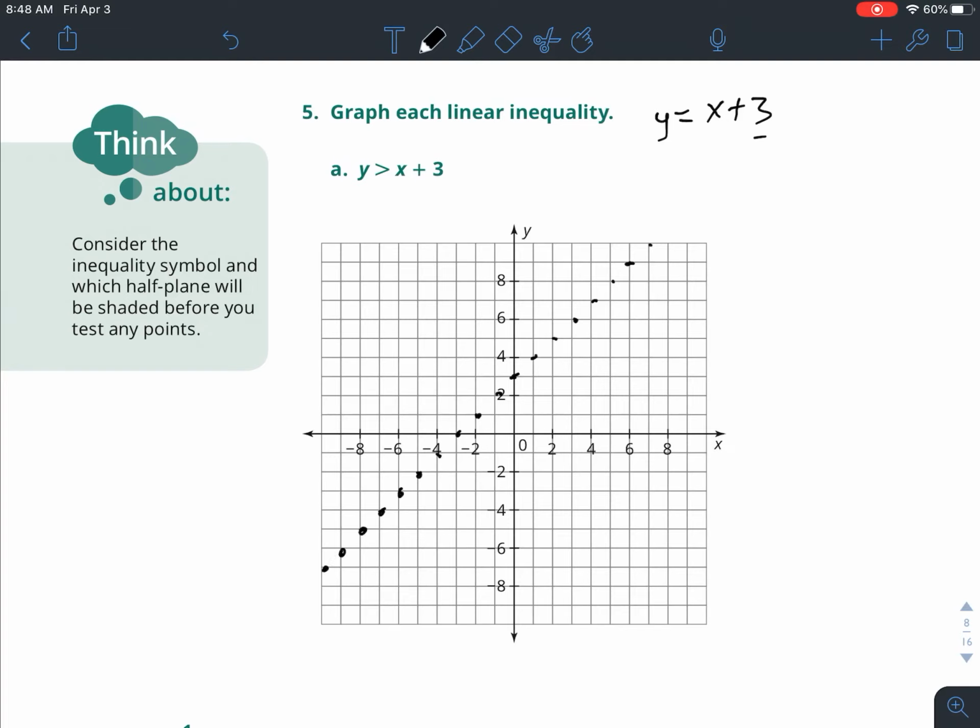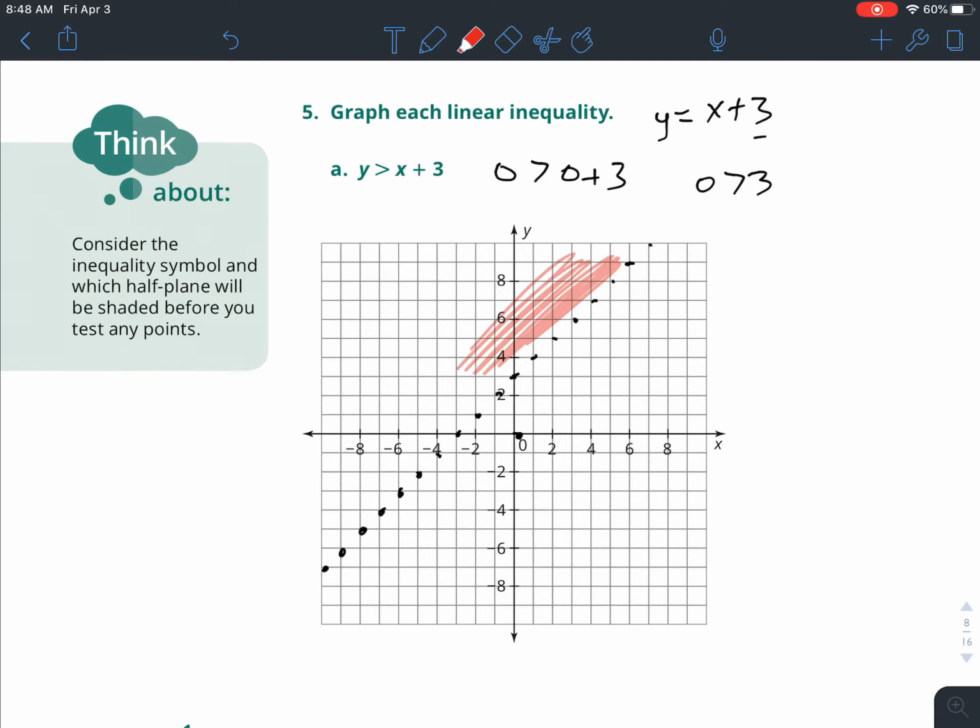Now we set this as 0. So 0 is greater than 0 plus 3. Since there's another 0, 0 is greater than 3. Since that is not true, and 0, 0 is right here, we can't shade the 0, 0 because it doesn't work. So we shade the opposite side of it.